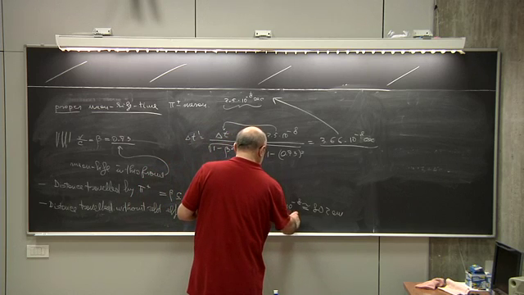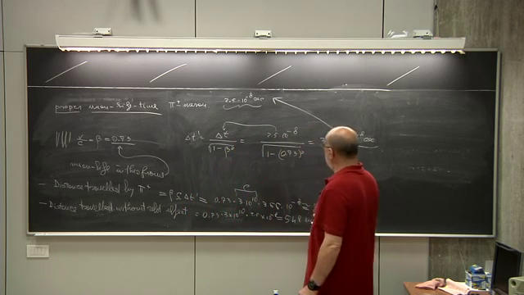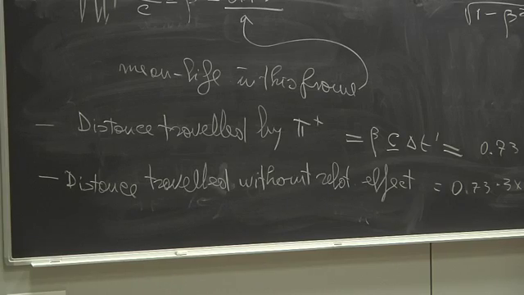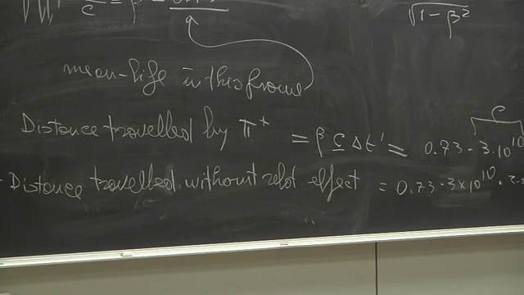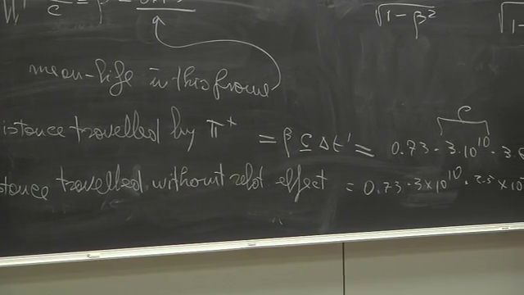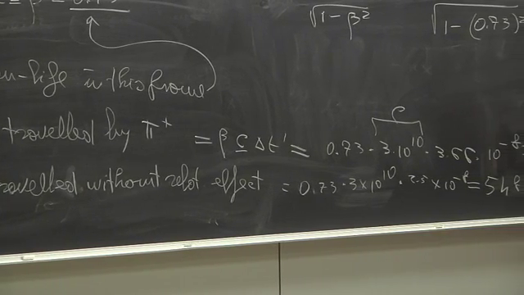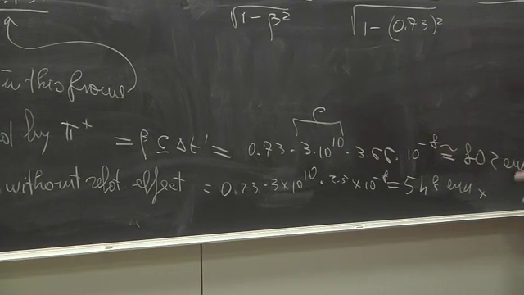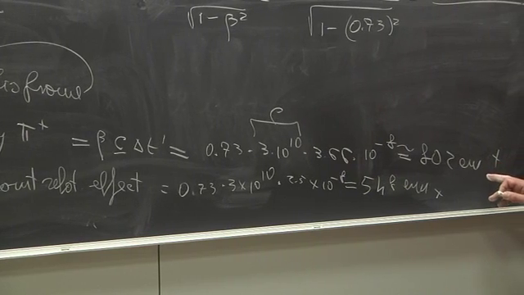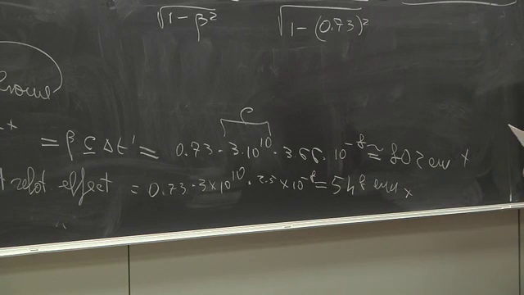And this is 548 centimeters. So you see, the distance covered, looking at them from the Earth, is bigger. So this time dilation is a physical effect. Look, there are almost 250 centimeters, that means 2.5 meters more, considering this effect. So it's a measurable effect, right? If you take account of the relativistic effect.